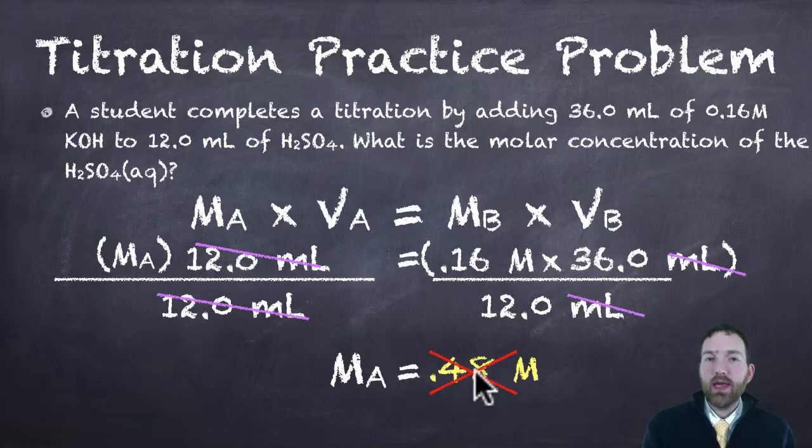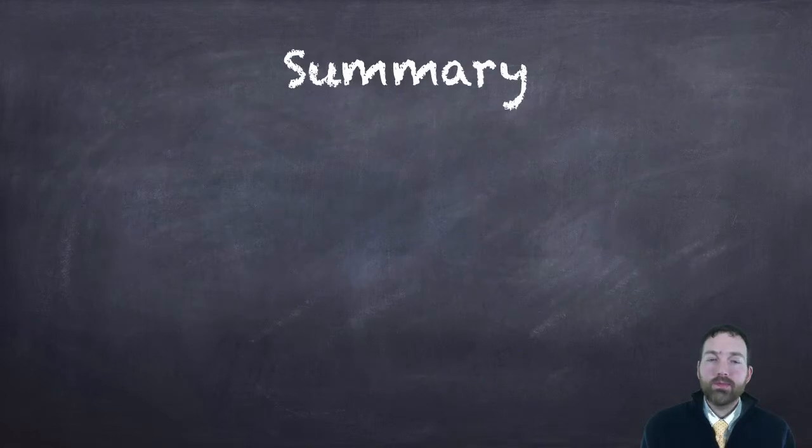I actually only need half of that, because I'm going to need technically more hydroxide ions to balance out 0.48 molar sulfuric acid. And they're saying that this titration happened with 36 milliliters of this and 12 milliliters of that. So that means the acid that we were using has to only be half of this strength. So instead of 0.48, it will be 0.24 molar.